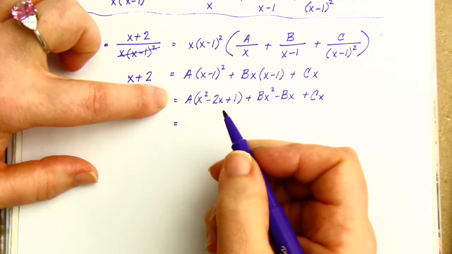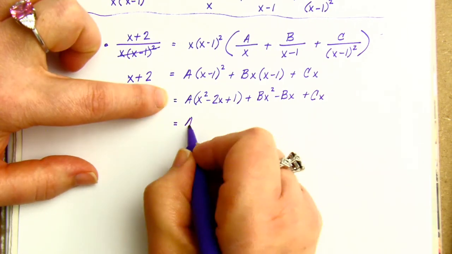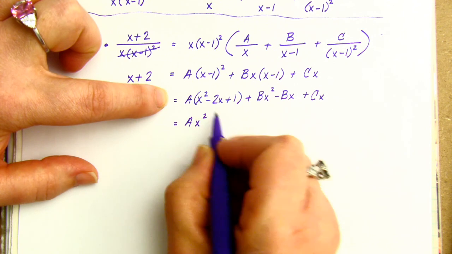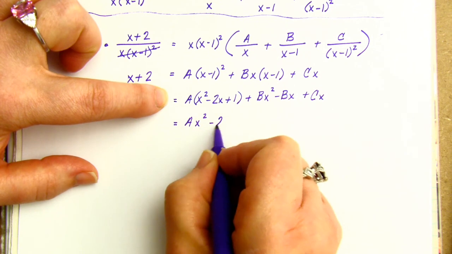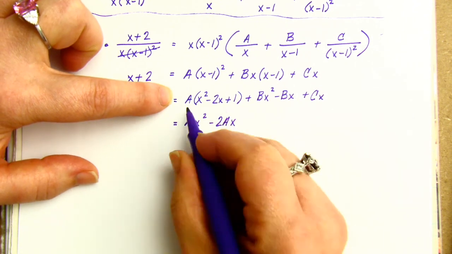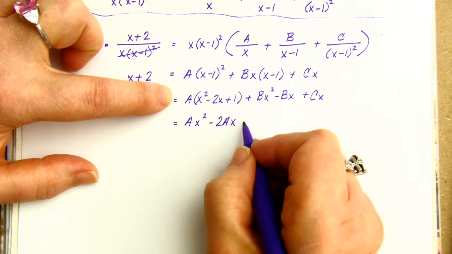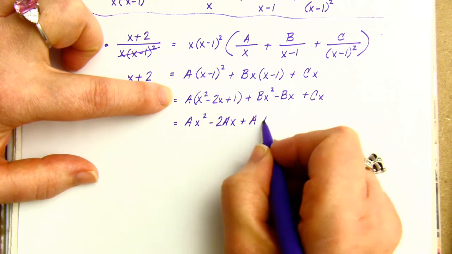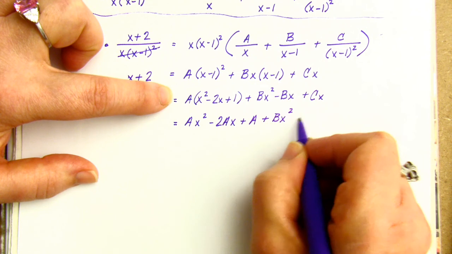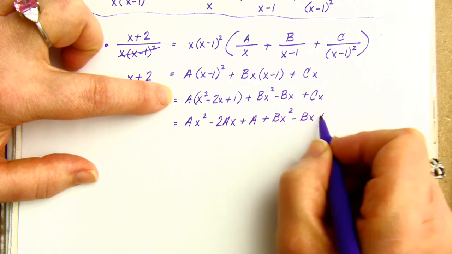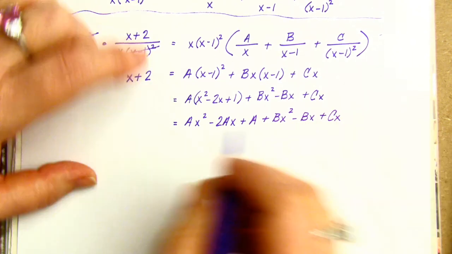Distribute the a: ax squared minus 2ax plus a, plus bx squared minus bx plus cx.